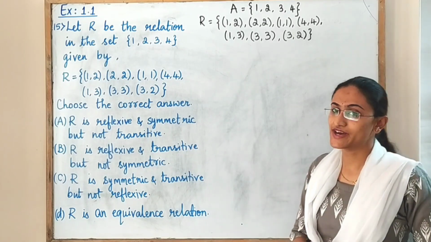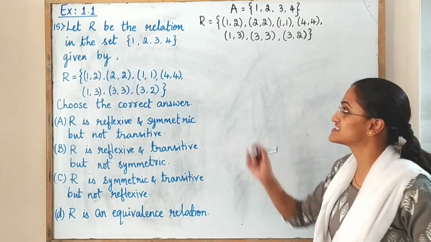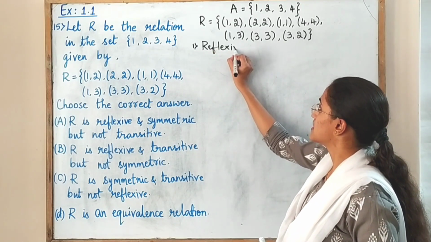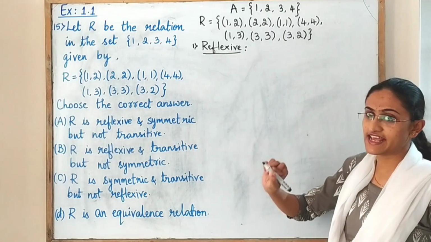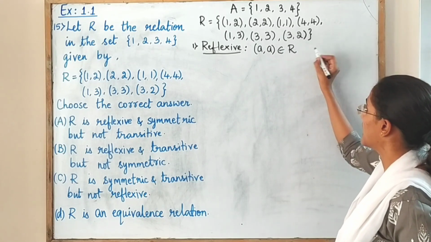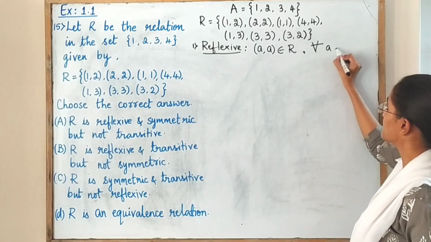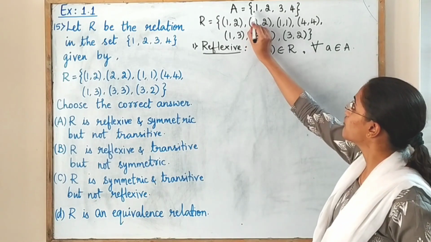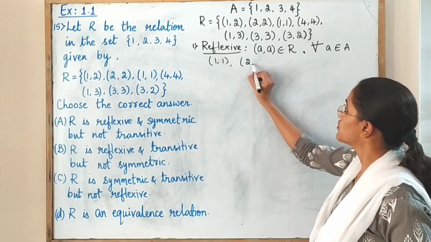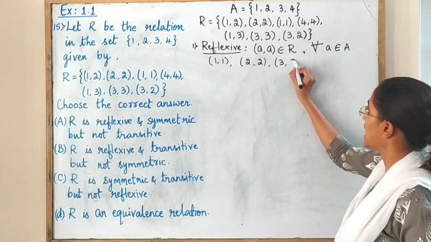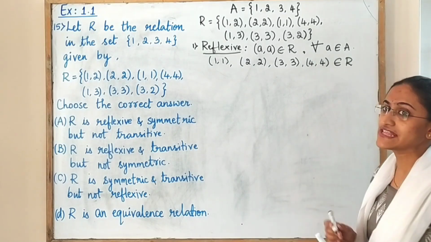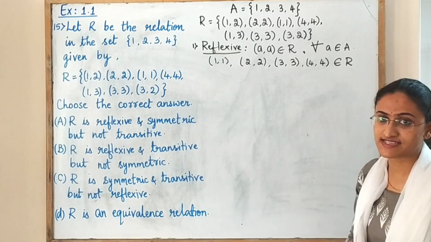We shall now check whether this given relation is a reflexive relation. Firstly, remember the condition for a reflexive relation: (a, a) should belong to the relation R for every a belongs to A. Now we have four elements in A, and hence (1, 1), (2, 2), (3, 3) and (4, 4) should all belong to R. Only then can you call the relation a reflexive relation.